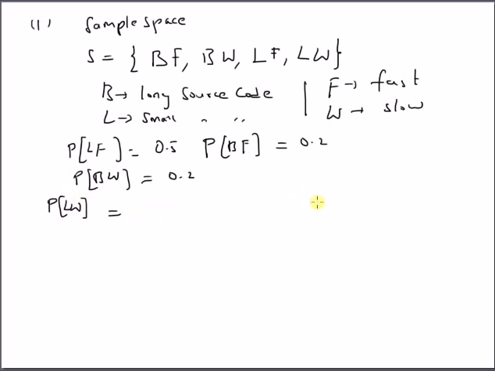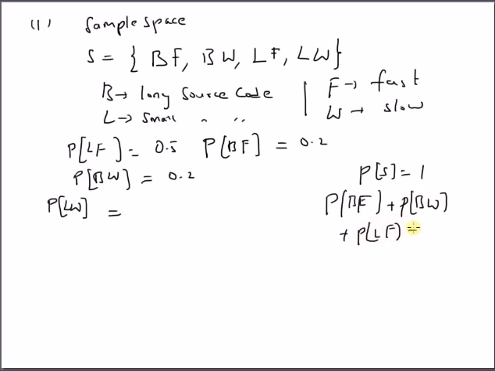By using the law of total probability, that is probability of the sample space is equal to 1, and it is also equal to the sum of the probabilities of individual outcomes, that is P of BF plus P of BW plus P of LF plus P of LW.